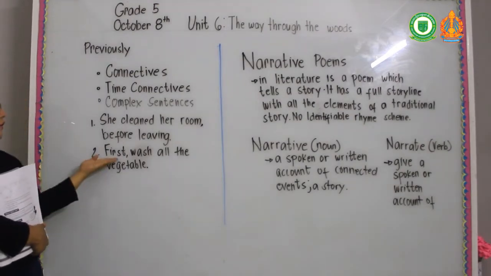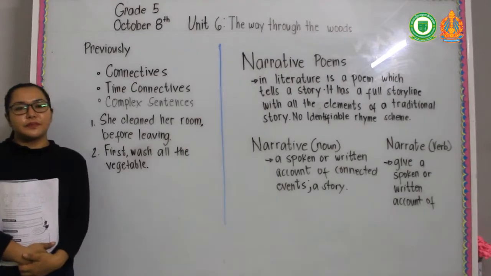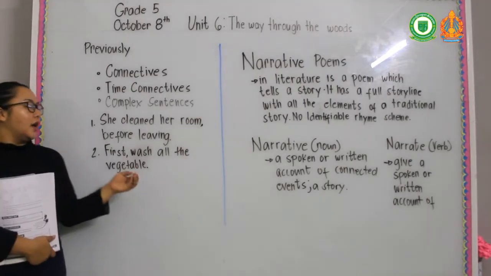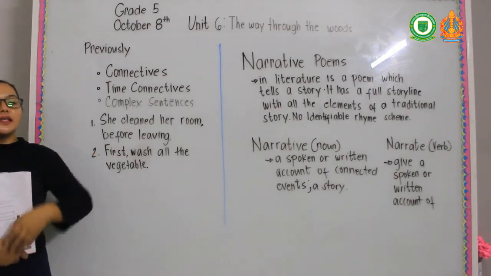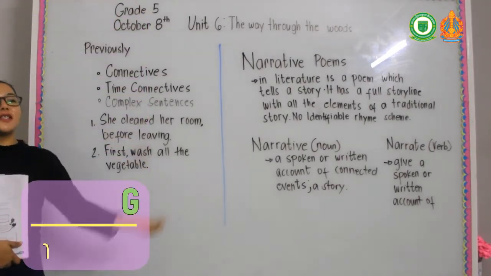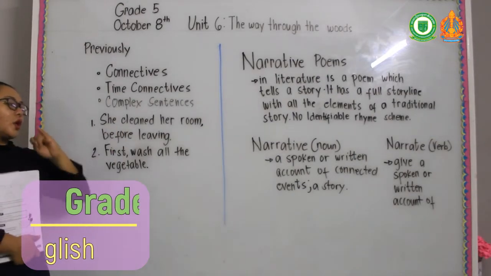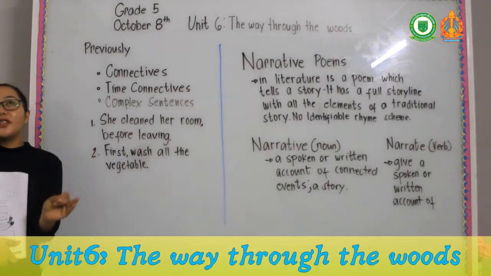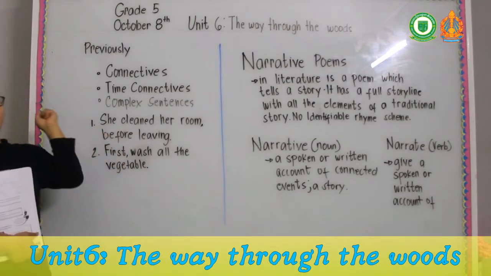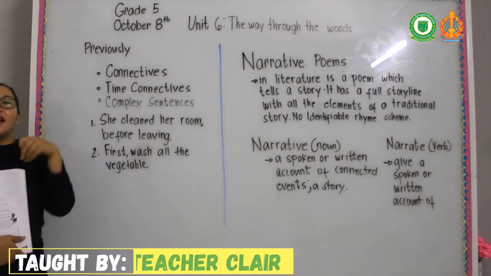Next: First, wash all the vegetables. Here, the time connective is the word first. If you're giving directions, you can say first, wash all the vegetables. Second, cut the vegetables. Third, boil hot water.